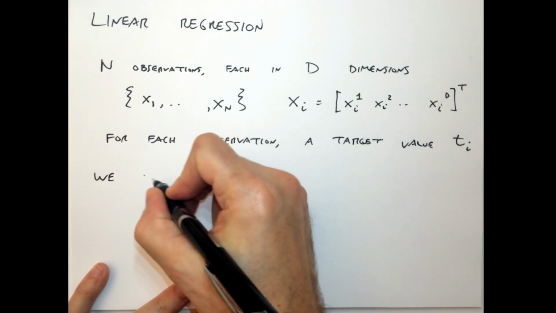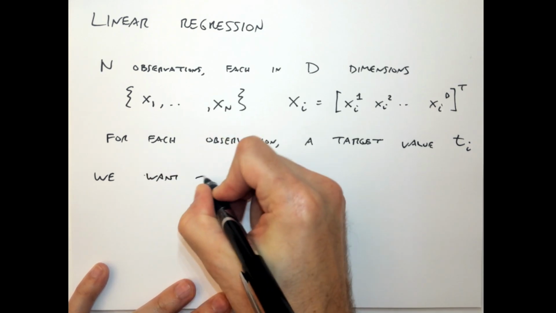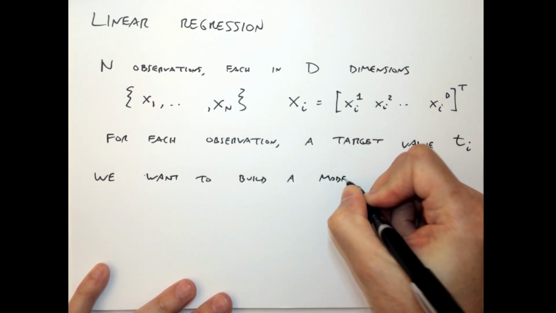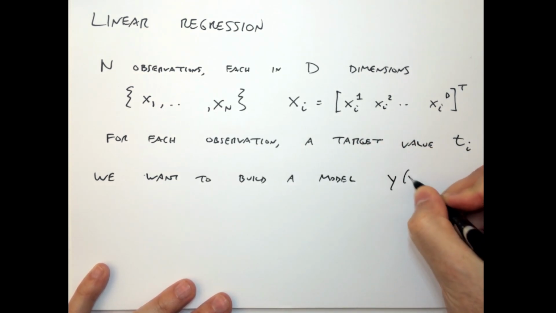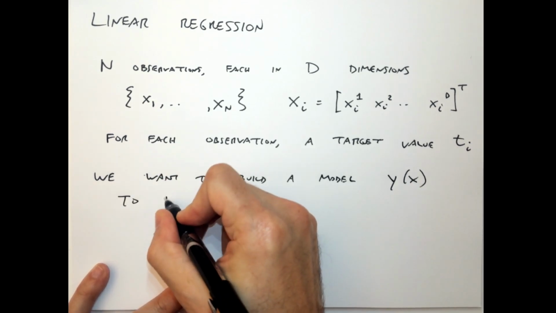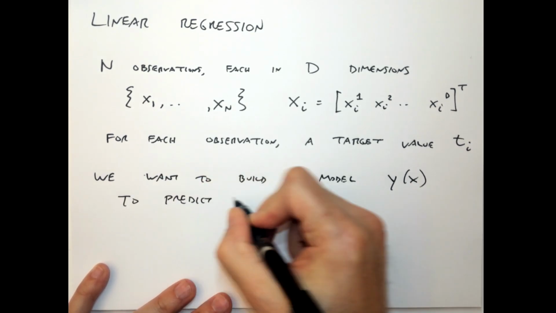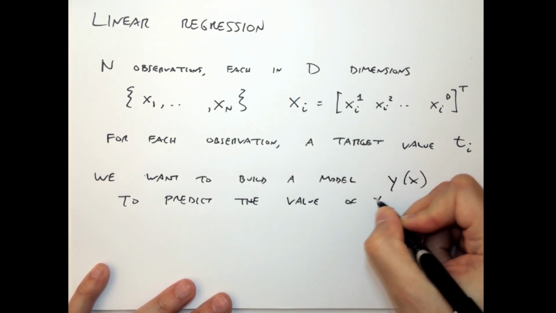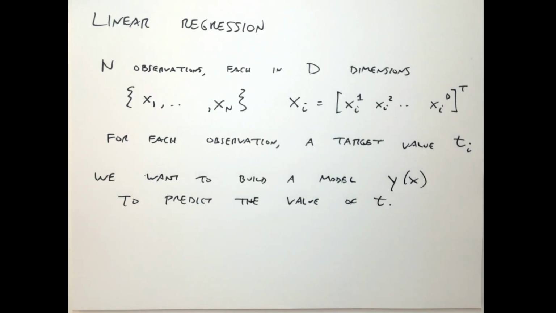So we want to build a model, let's call it y of x, to predict the value of t. Okay? And the simplest model is just a linear model, right?